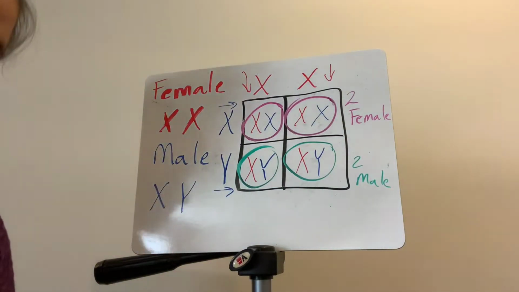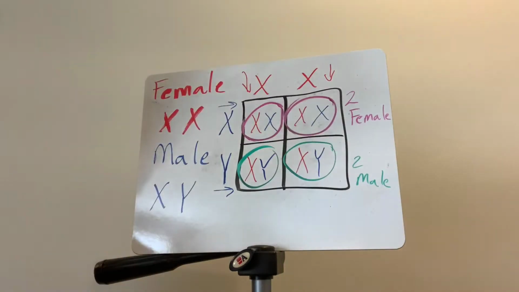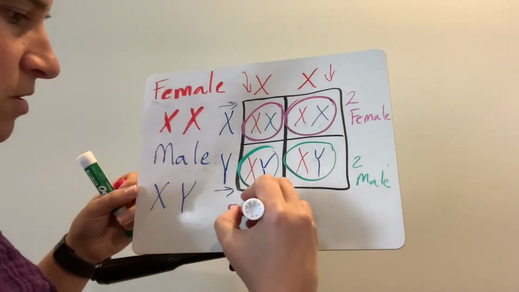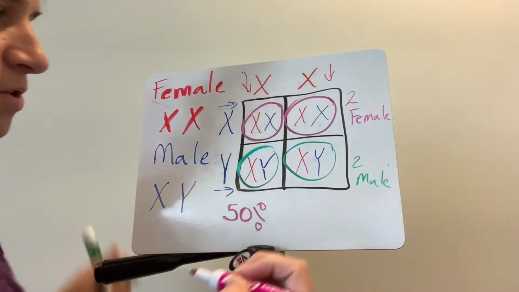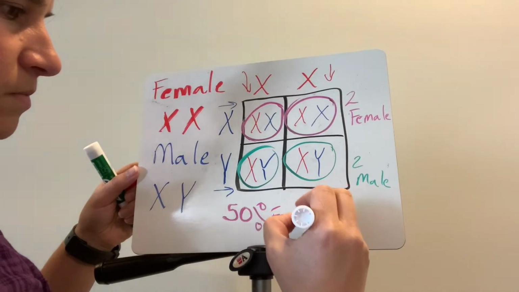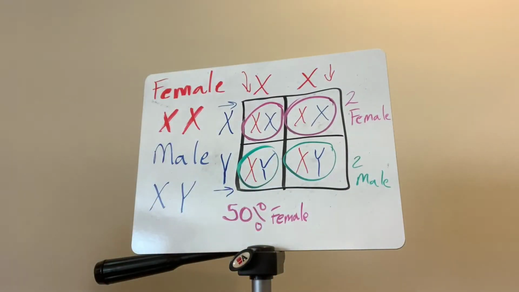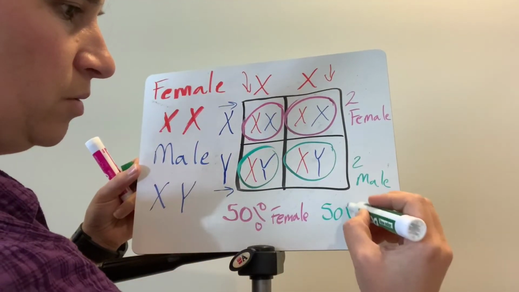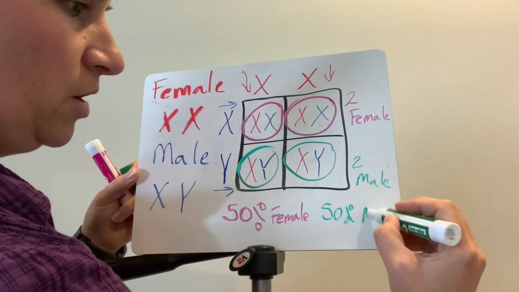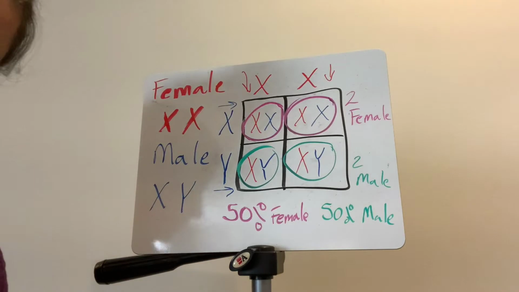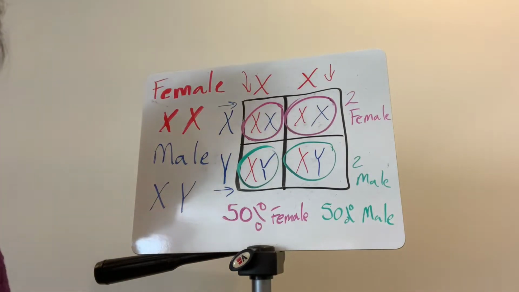If we have four boxes and two of the boxes are females, that means that we have a 50% chance of getting a female offspring. And if two of the four boxes are male, we also have a 50% chance of getting a male offspring. So that's why it's 50-50 for male and female.